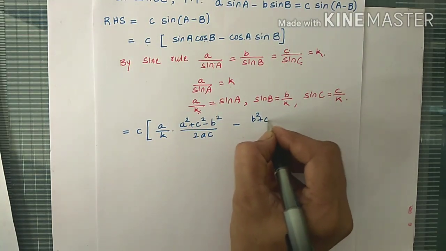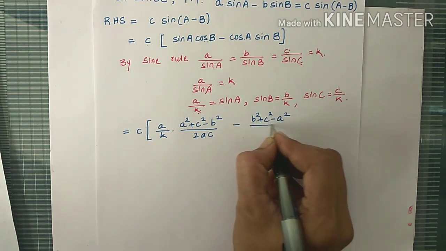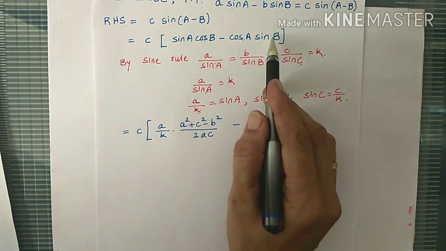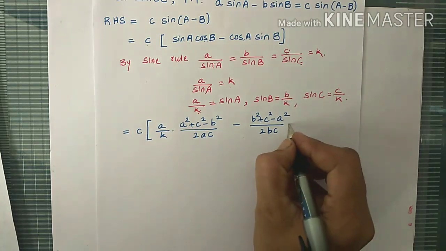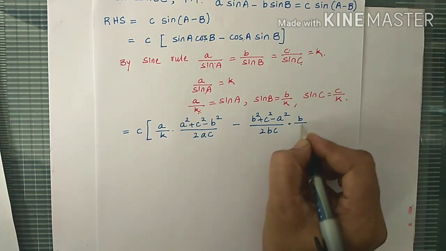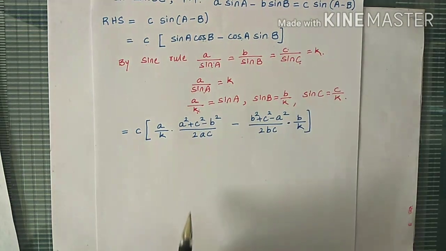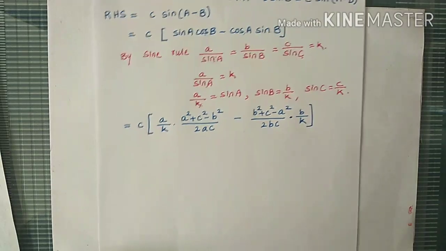So it is b square plus c square minus a square divided by 2bc. So this is the value of cos A. Now write sin B. Sin B is b upon k, so into b upon k. We have converted all the terms into small letters so that we can simplify it.